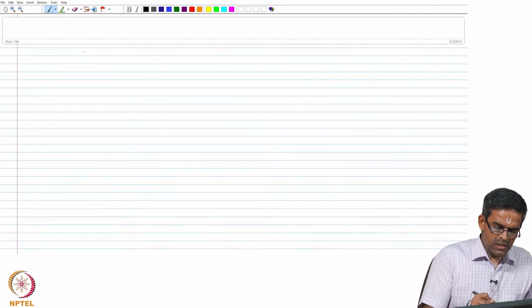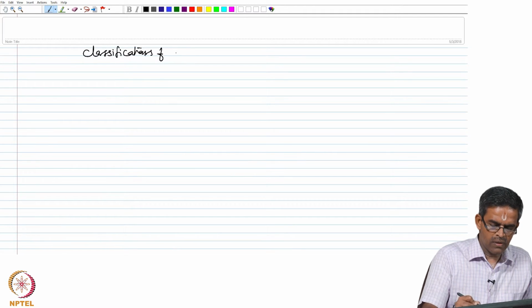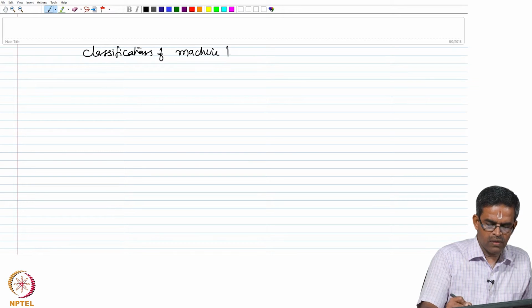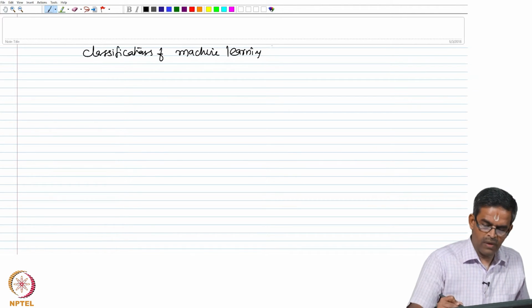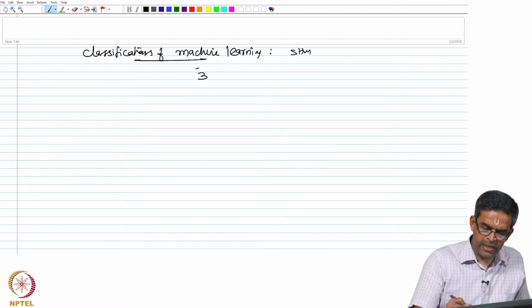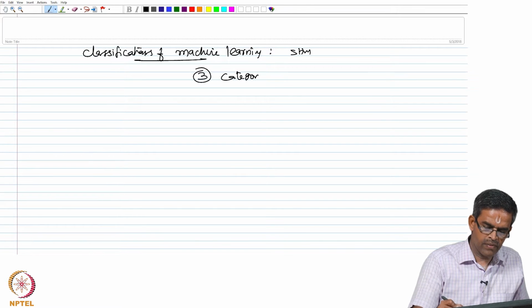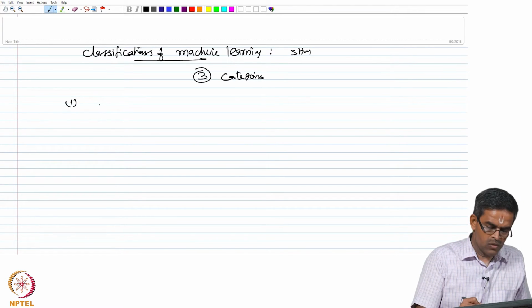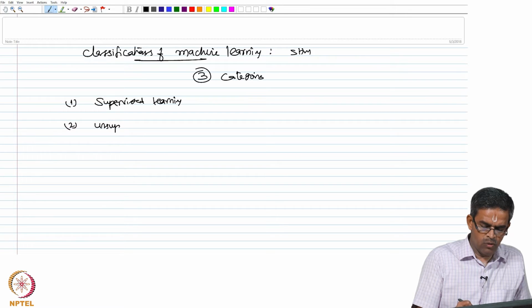There are many classifications of machine learning. As applicable to structural health monitoring, they can be broadly classified into 3 categories. 1. Supervised learning, 2. Unsupervised learning, and 3.